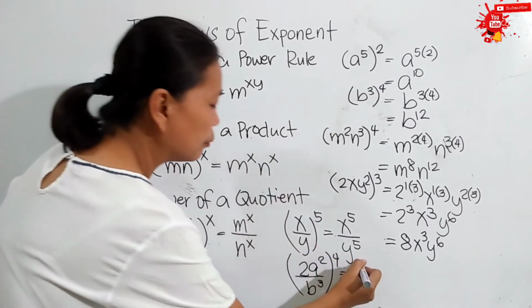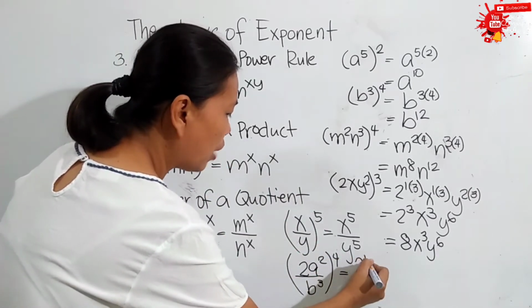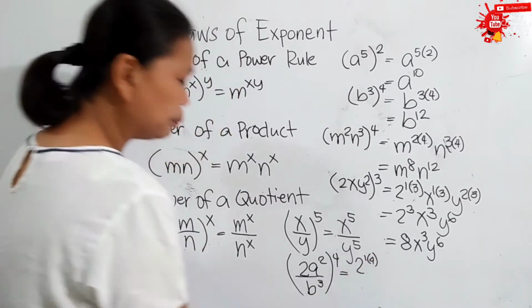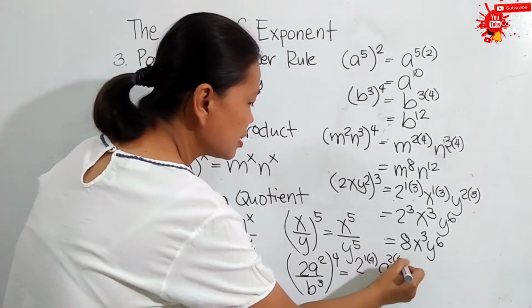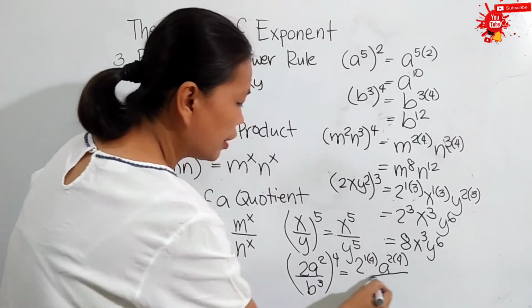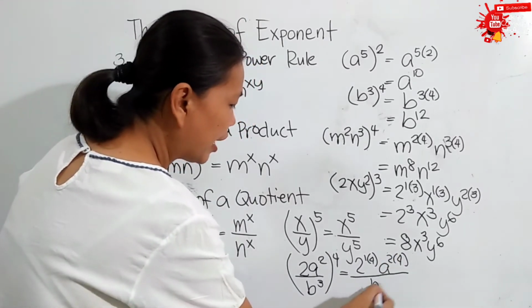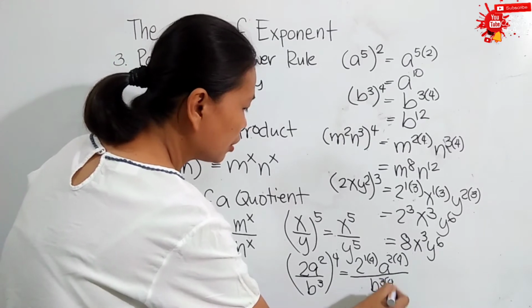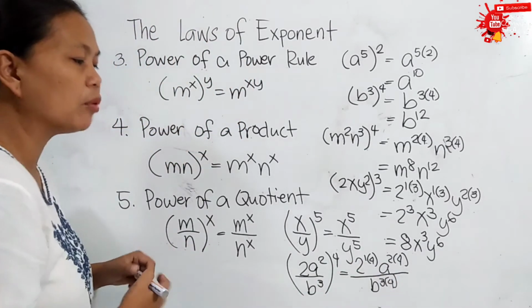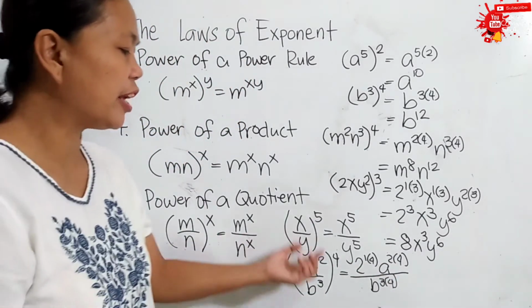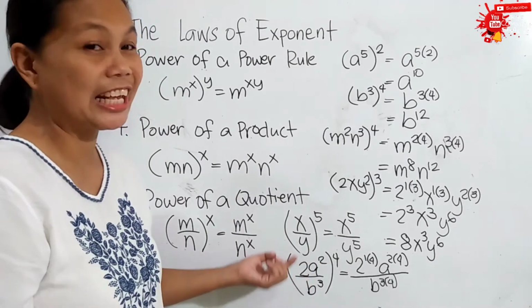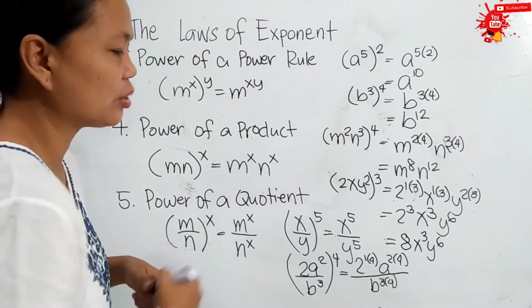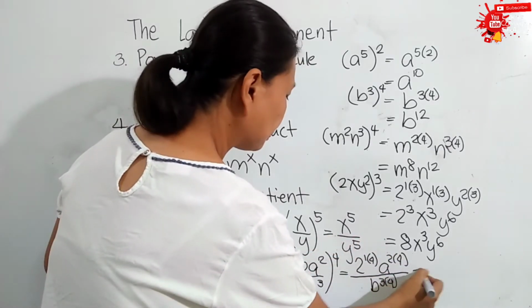So it will become 2 raised to 1 times 4 times a raised to 2 times 4 over b raised to 3 times 4. So we distribute 4 by multiplying it to each of the exponents in the number and variables inside the parentheses. So let us simplify this.